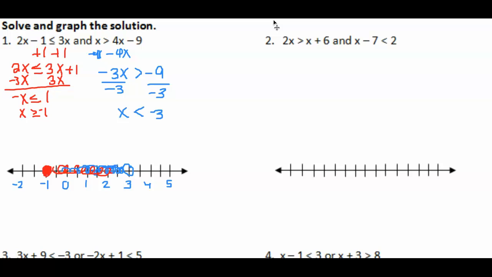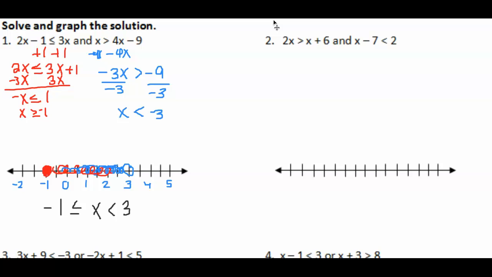So what that means is that x has to be less than 3 and greater than or equal to -1. And solutions can be written as a single inequality. Okay?